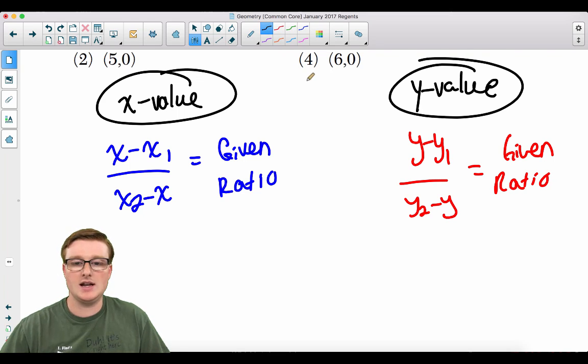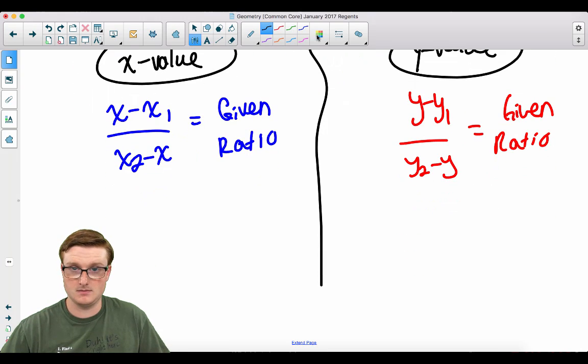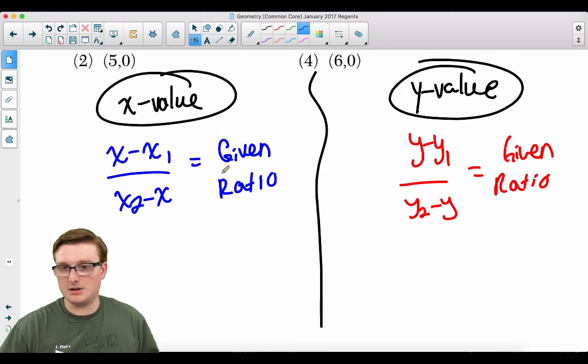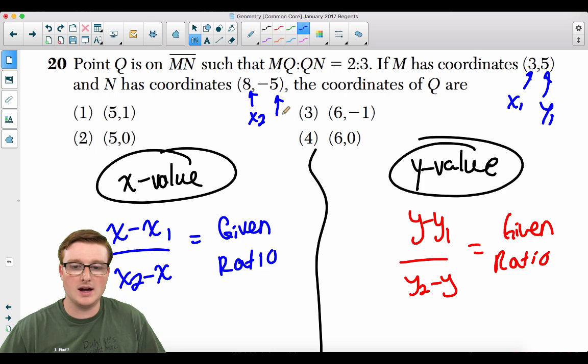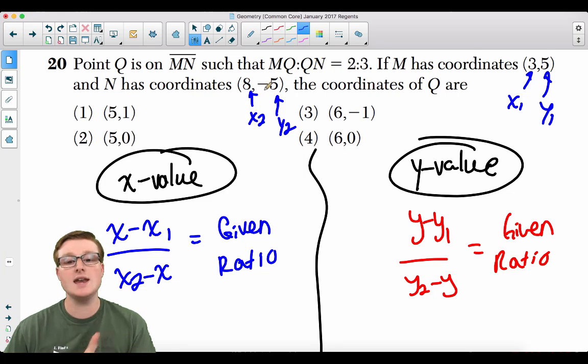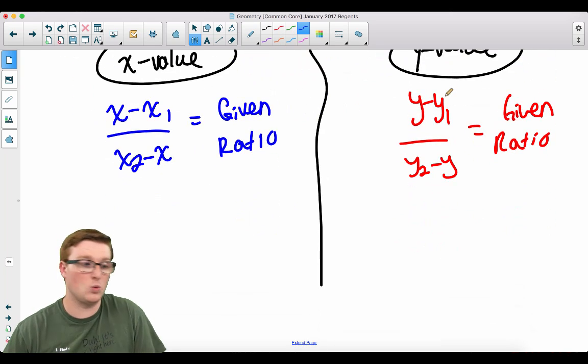Okay? So now I'm going to calculate these values. So remember that this is your x1, this is your y1, this is your x2, this is your y2. It has to be that specific. You cannot make 8, -5, x1, y1. It has to be the first letter is M, that's your x1, y1, or else it will not work.